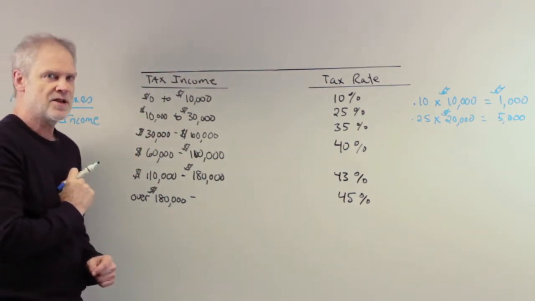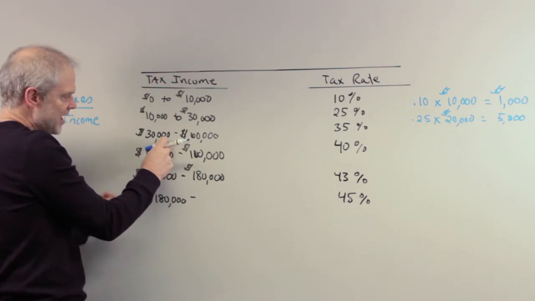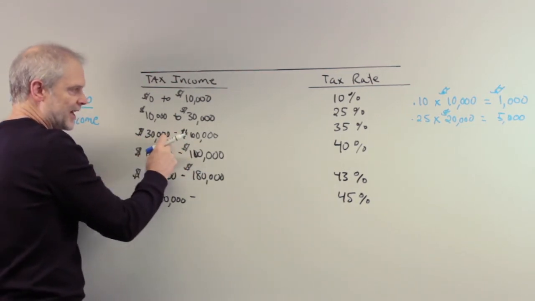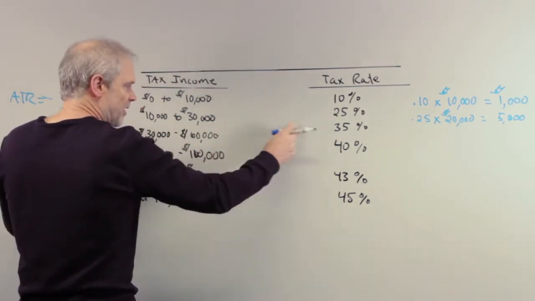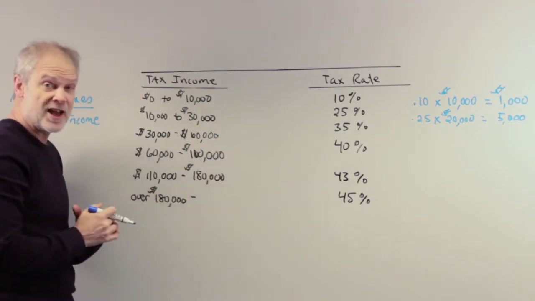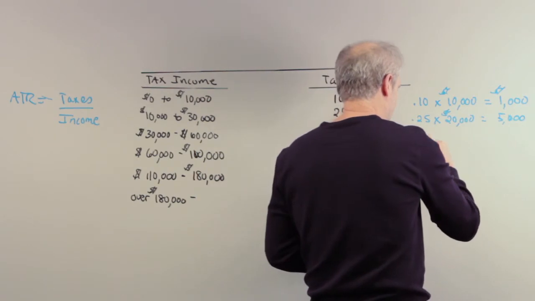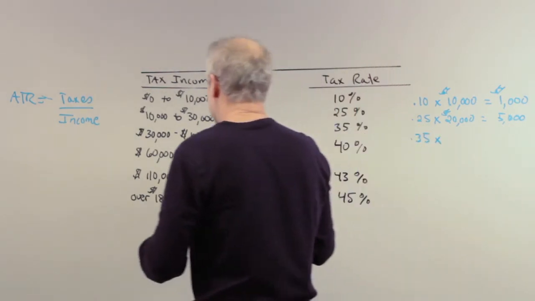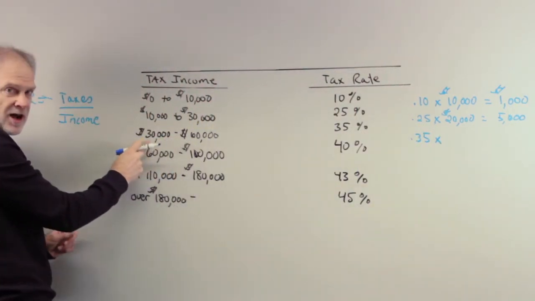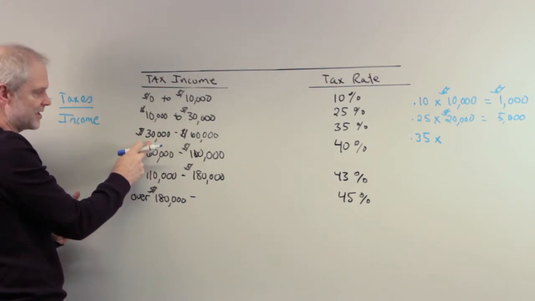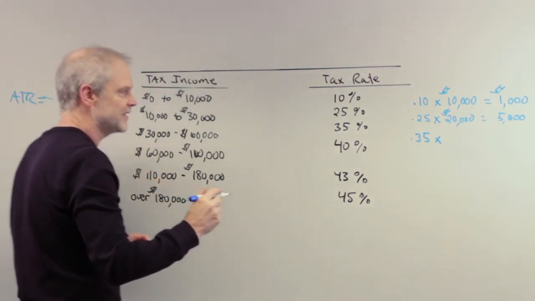So the person pays 10% on the first $10,000 and 25% on the next $20,000, but the person made $49,000. Since $49,000 falls within this bracket right here, and the marginal tax rate on this bracket is 35%, the person's going to pay 0.35 times what? Well, $49,000 minus the bottom of the bracket, $30,000, is $19,000.